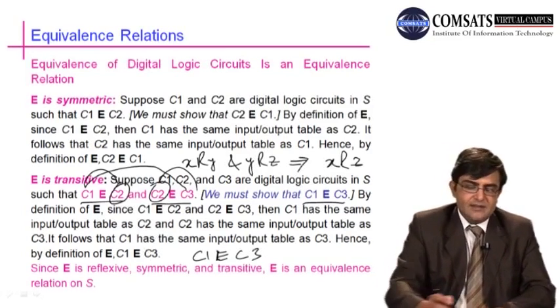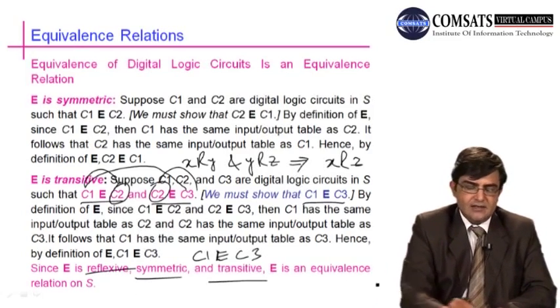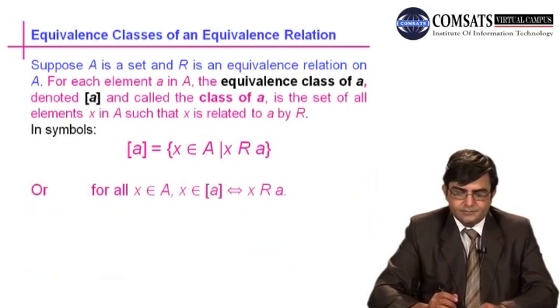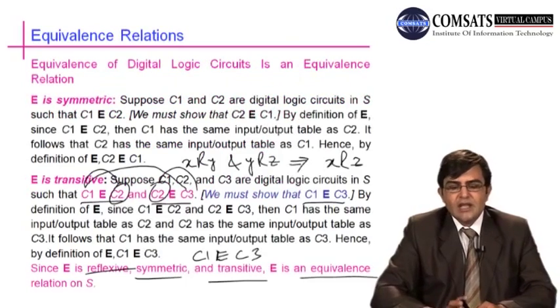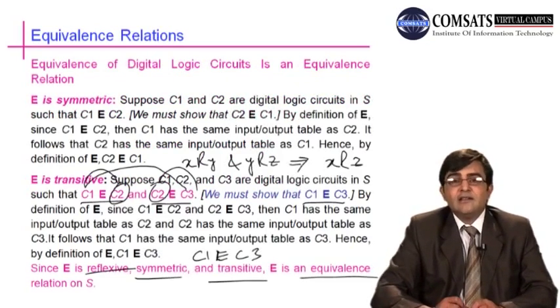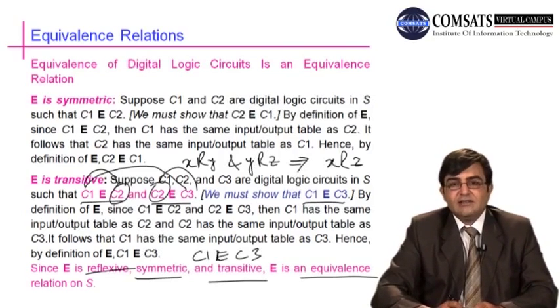Therefore E is reflexive, symmetric and transitive, so E is an equivalence relation. So we have seen another example in which we proved that the relation E, defined on digital logic circuits, is an equivalence relation.